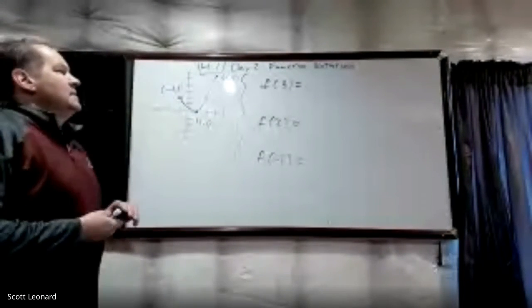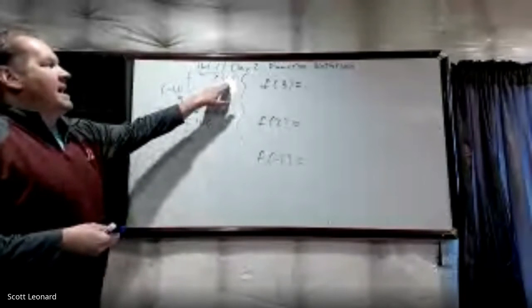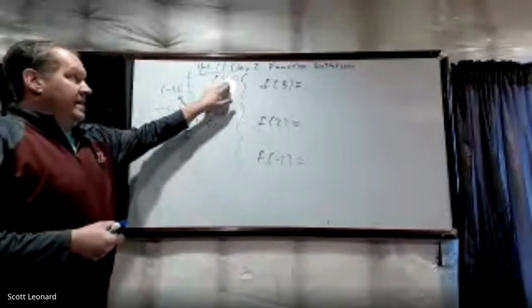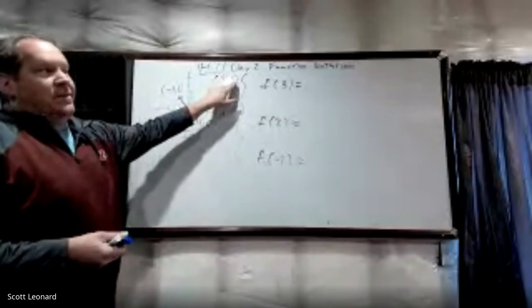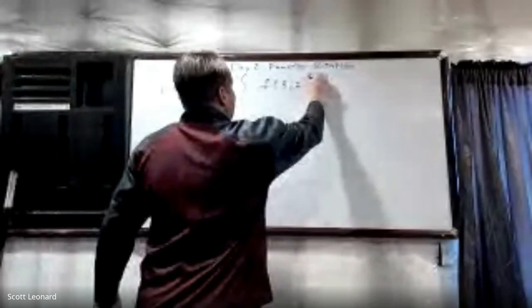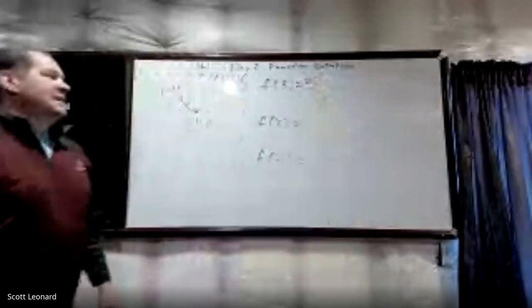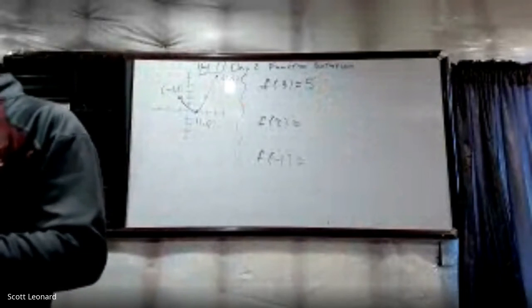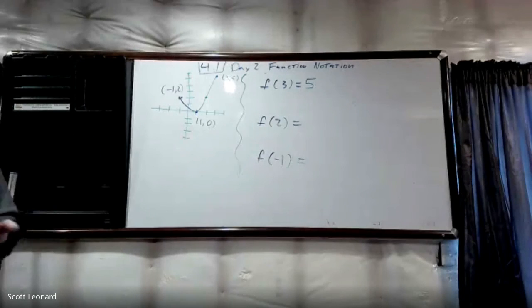Okay. We have a point here at 3, 5. The x value is 3. What is our y value? 5. Okay. Hopefully that helps you a little bit.